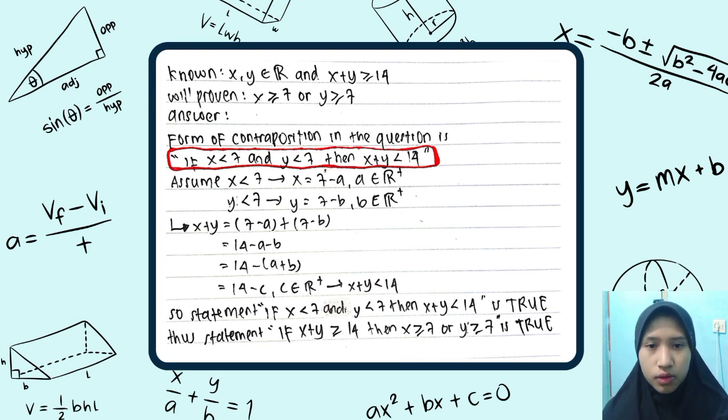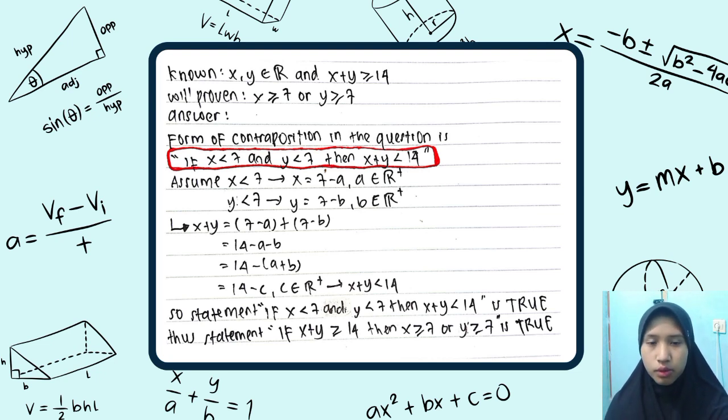Previously, we found the contraposition: if x is less than 7 and y is less than 7, then x plus y is less than 14. Assume x less than 7 means x equals 7 minus a, where a is a positive real number, and y less than 7 means y equals 7 minus b, where b is a positive real number. So we can write x plus y equal to 7 minus a plus 7 minus b.